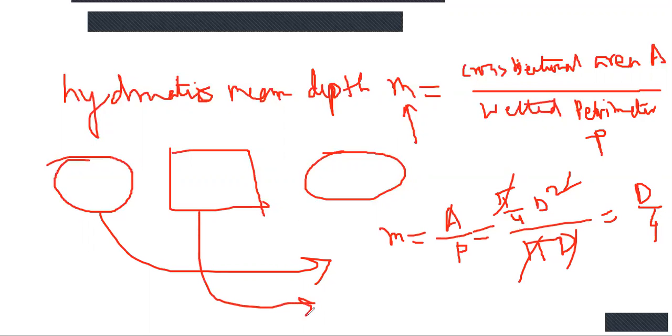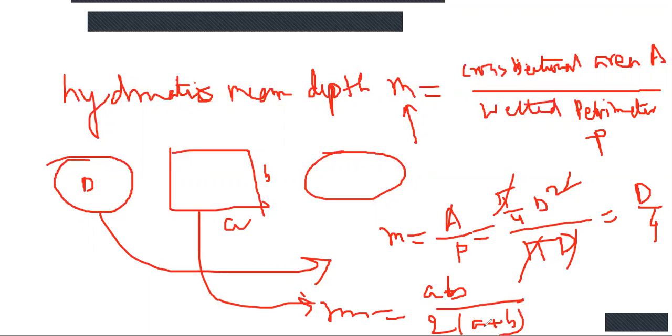In case of a rectangular duct, how do we calculate? Suppose this is A, this is B. A into B by 2 into A plus B, because the perimeter of the rectangle is 2 into A plus B. That is okay.